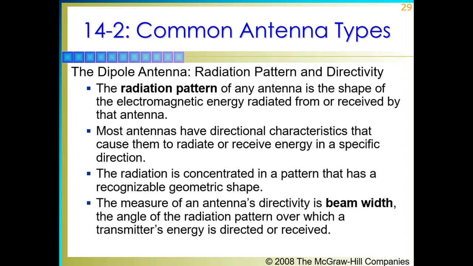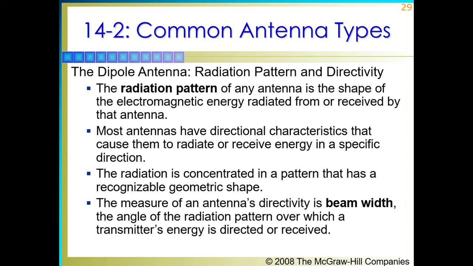Its radiation pattern in three dimensions is shaped like a toroid, symmetric about the axis of the dipole. The radiation is maximum at right angles to the dipole, dropping off to zero on the antenna's axis. Therefore, a dipole mounted vertically will be omnidirectional in the horizontal plane with a modest gain, at the expense of radiation in the vertical direction.